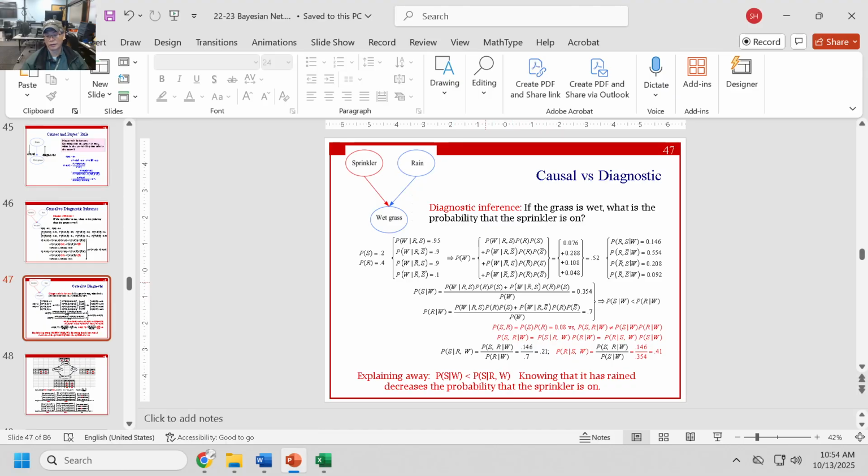Okay, no rain, rain. So I will have 0.352, and then the other one is flip upside down, PW and R, and it's 0.7. So more likely I look up, I assume wet, it's due to rain, not due to sprinkler.